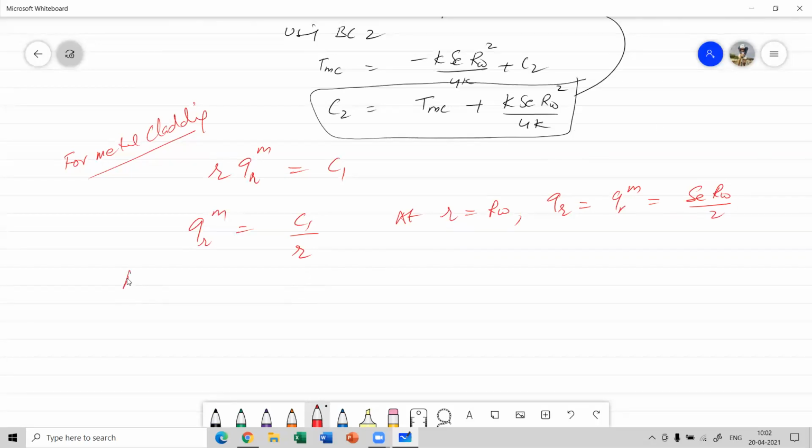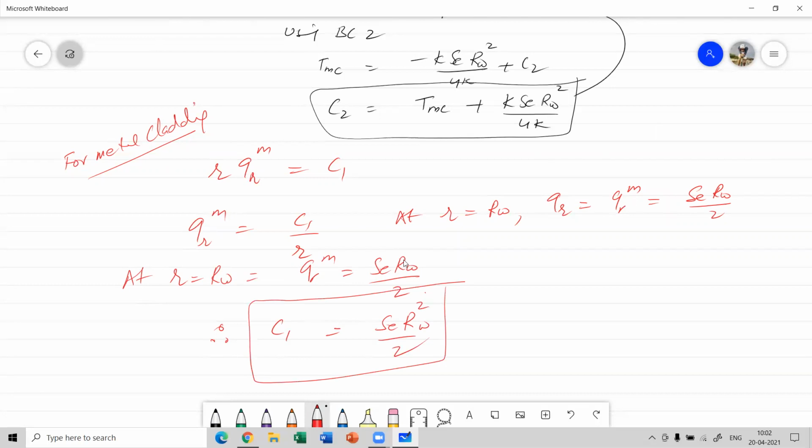So at R equal to Rw, we have qrM as Sc Rw by 2. So therefore, the value of C1 comes out to be Sc Rw square by 2.